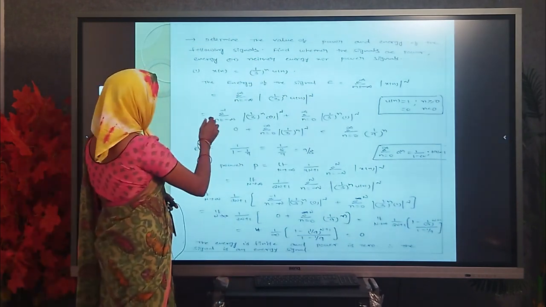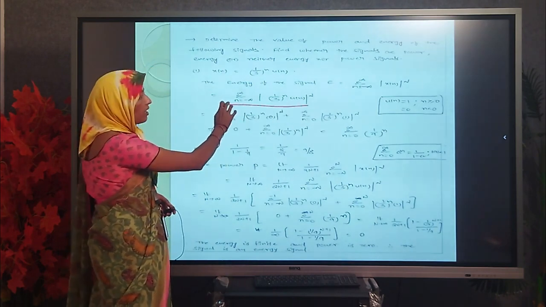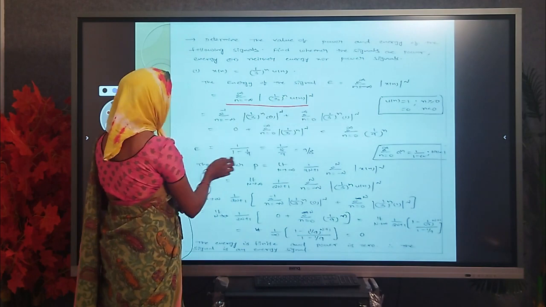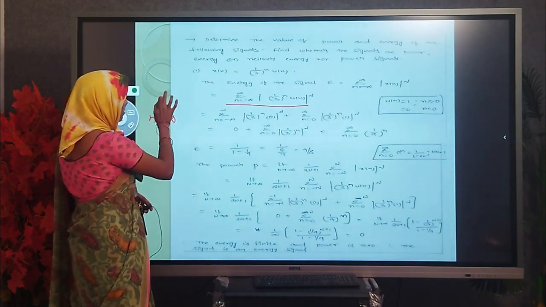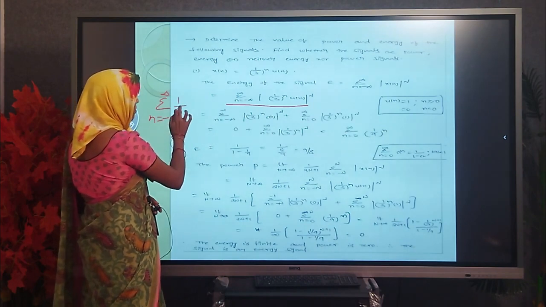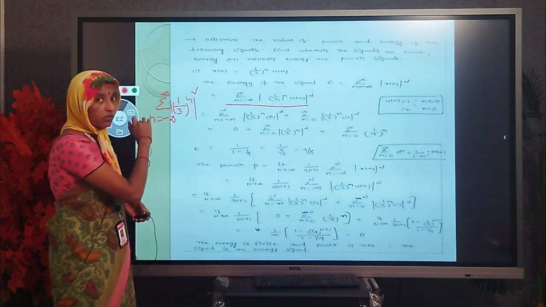What is the general formula for energy? Summation of n equal to minus infinity to infinity modulus of x of n whole square. Our x of n is modulus of 1 by 3 power n. So simply you can substitute that value.